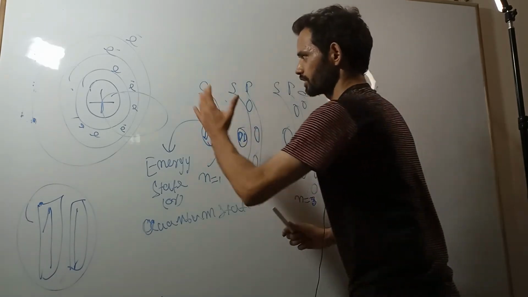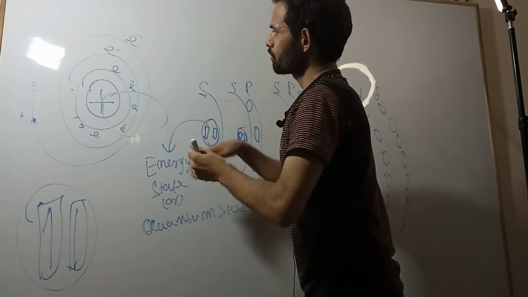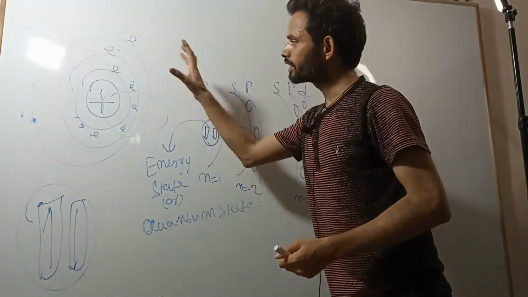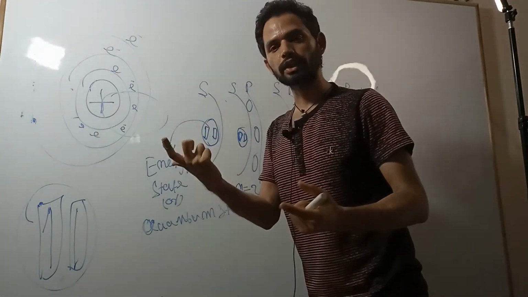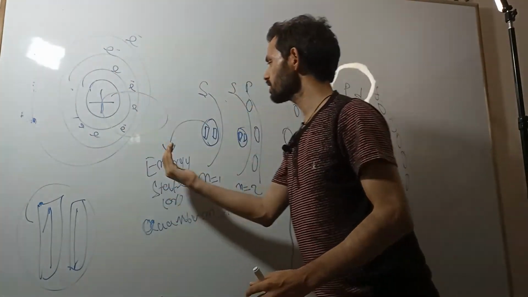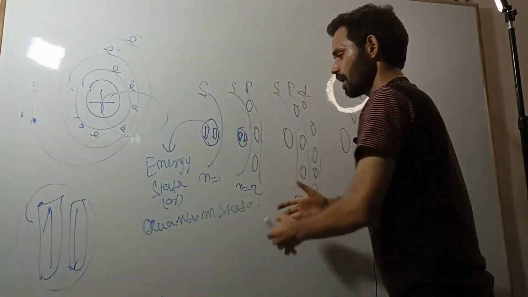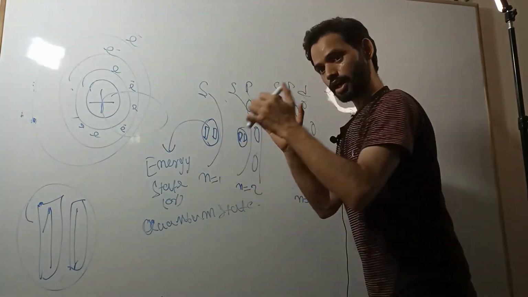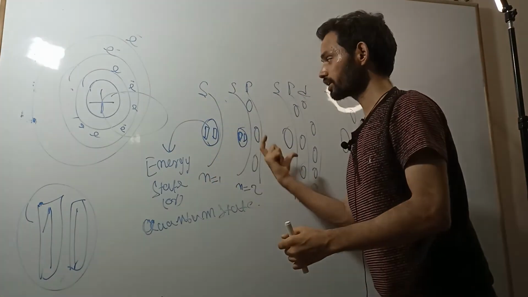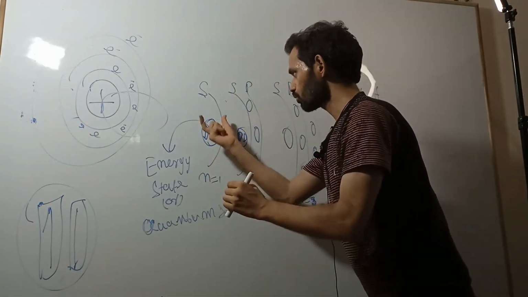First we took one solid, then from the solid we took out one atom. We zoomed into the atom and found the energy levels. Zooming into the energy levels, we found the energy subshells. Zooming into the subshells, we got the orbitals.